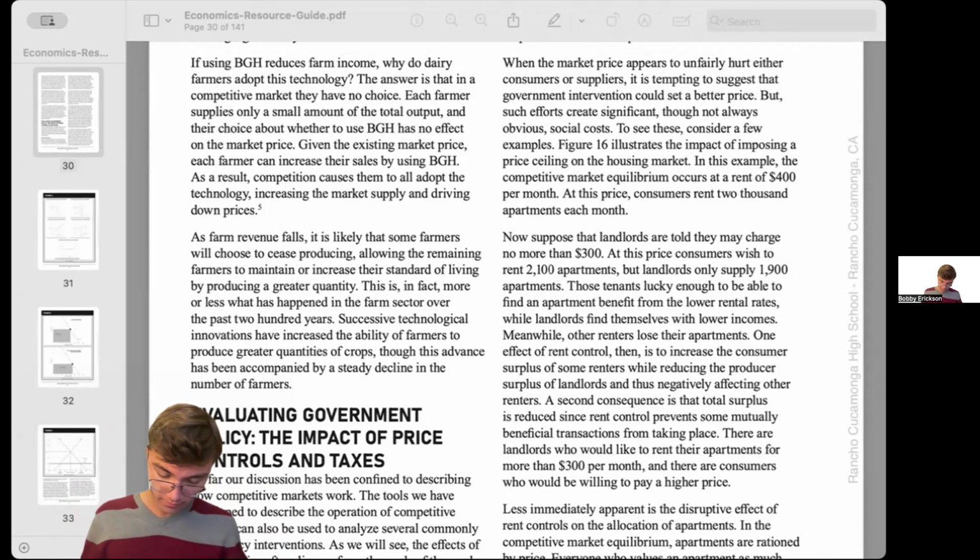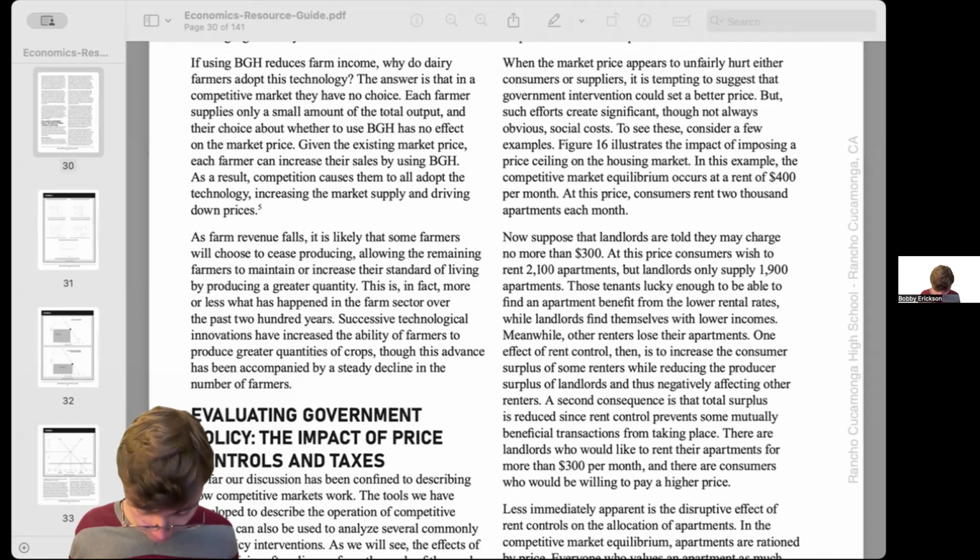And then as farm revenue falls, some farmers may just stop producing the milk. And so this allows those farmers who remain in the industry to keep or increase their standard of living by producing a greater quantity because with less competition, they'll be able to produce more for their customers.